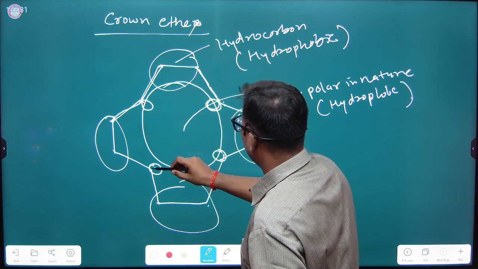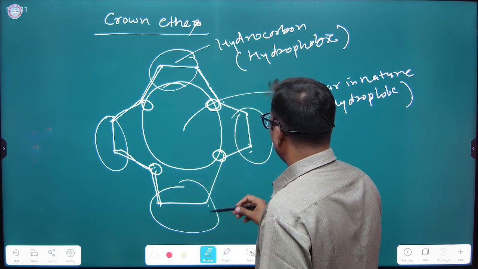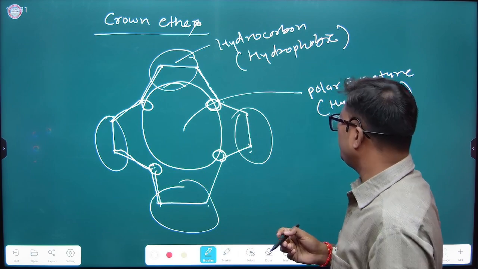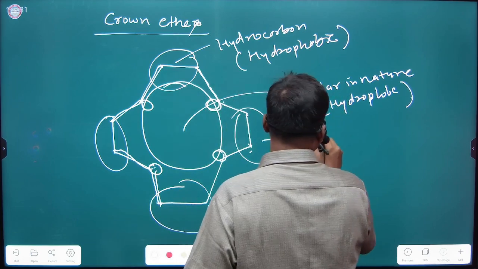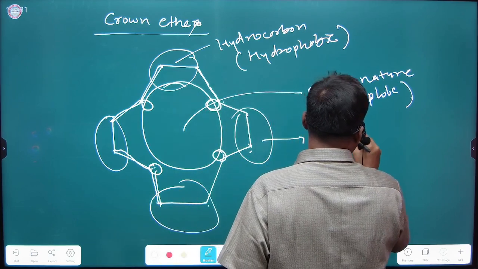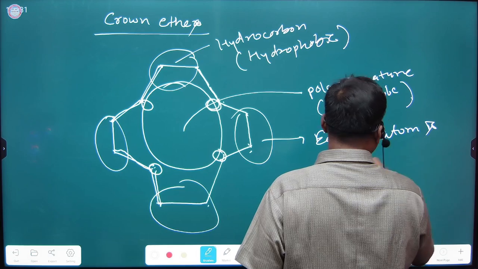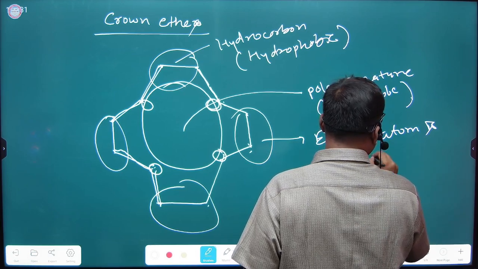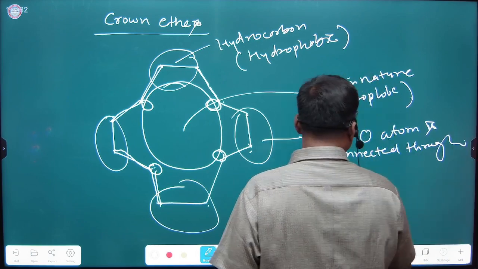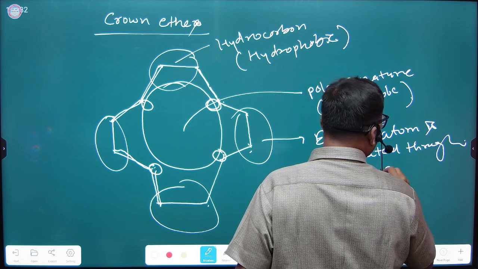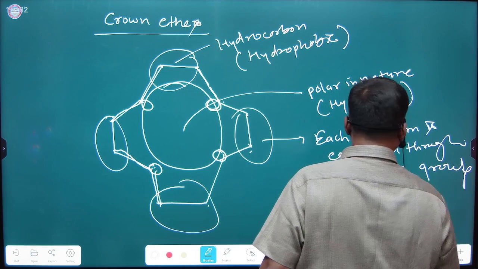For this oxygen, similarly, from this CH2 and from this CH2. So each oxygen atom is connected through 2 CH2 groups.